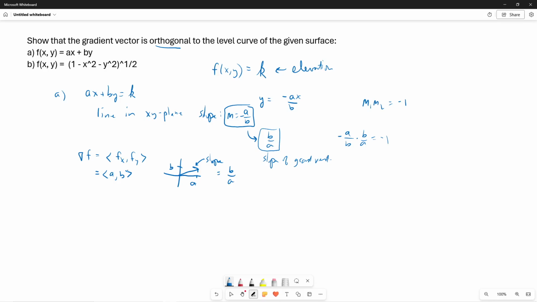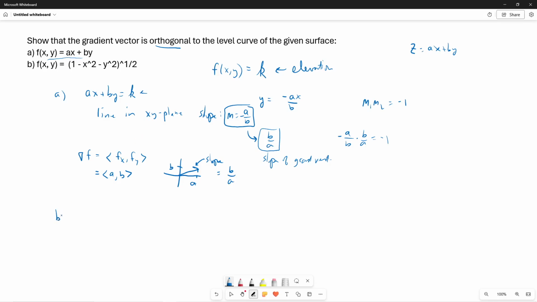So this vector is perpendicular to this line at any point x, y on the line. And that shows that the gradient vector is perpendicular to the level curve of this surface. This surface is a plane. It's the plane z equals ax plus by.